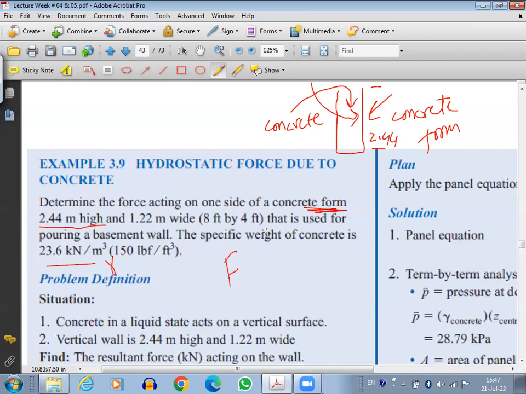Now, if you look here, the wall over which the concrete is going to be applying the force is basically a rectangle. If I look here, it will be like this. This will be the height, 2.44, and width is 1.22.